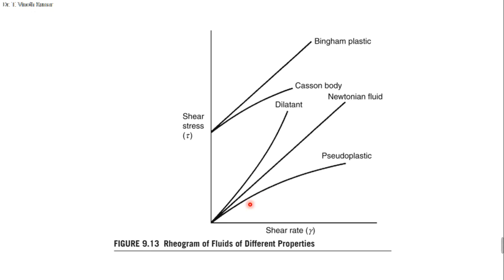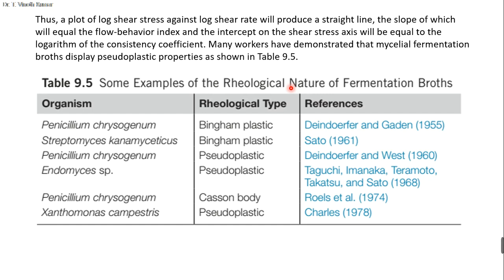You can see here that the Bingham plastic and Casson body are different. This is Bingham plastic and this is Casson body, so there is a deviation. Compared to the steady increase of shear stress, in the Casson body the steady increase is not there, and it starts decreasing. So the same organism obeys the rules of rheology, but in two different cases.